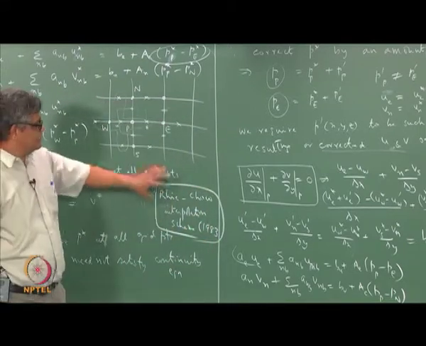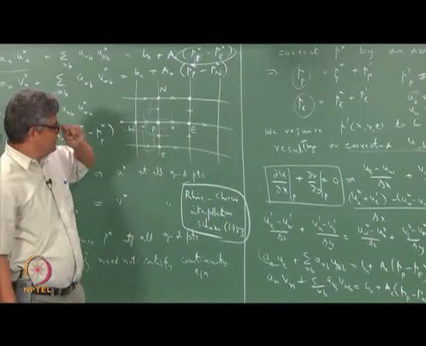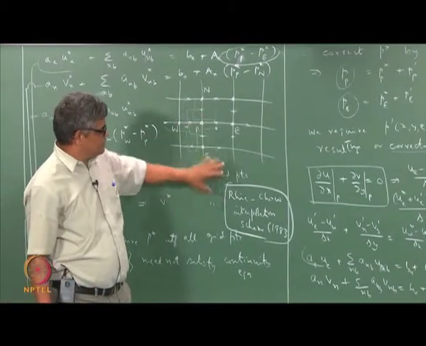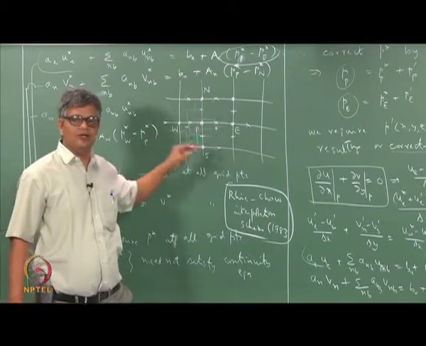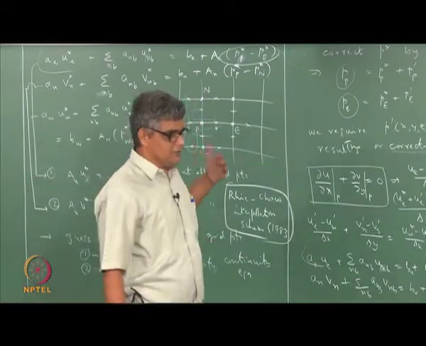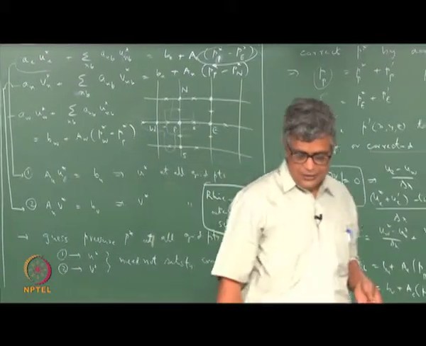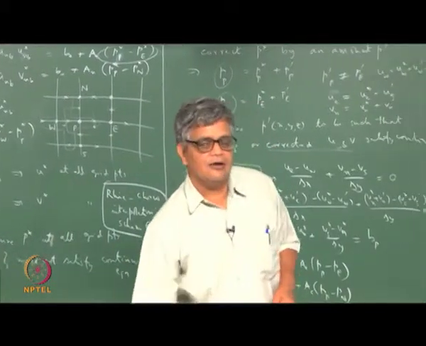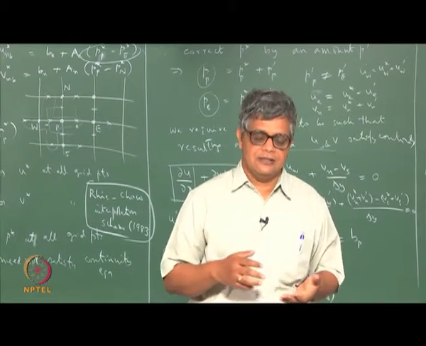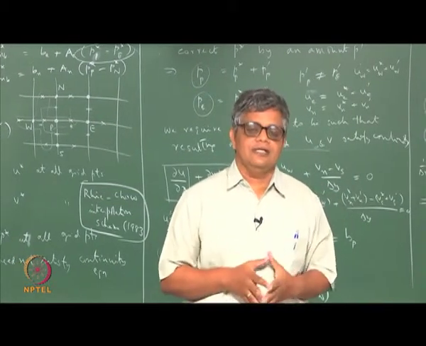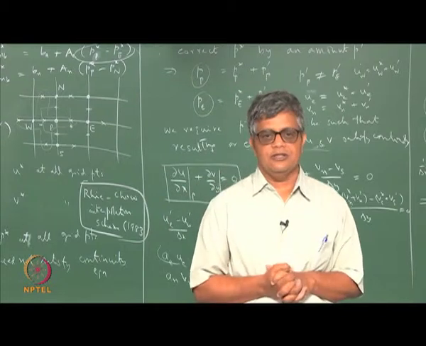Using this interpolation scheme to evaluate the velocities, it is possible to extend this method from staggered grid to non-staggered grid and avoid checkerboard oscillations. So in that form, this method has been used for all kinds of irregular shapes using finite difference methods and finite volume methods.